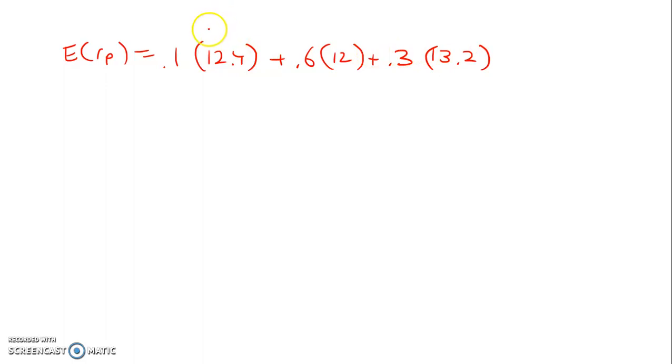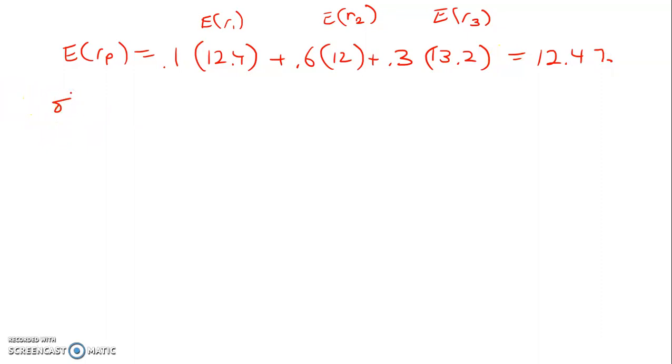So this was our expected return 1, this is expected return 2, and this is expected return 3. Multiply those out and add them up, and we get an expected return of 12.4%.